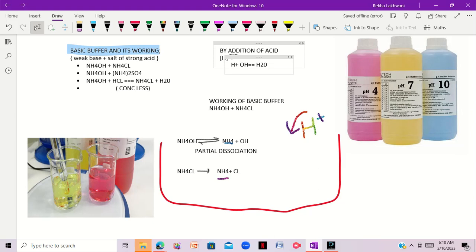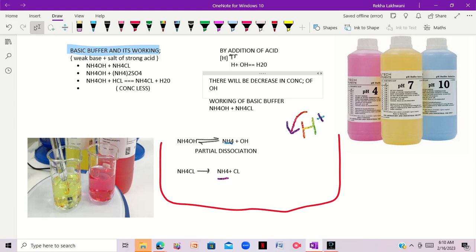There will be a decrease in the concentration of OH ions.